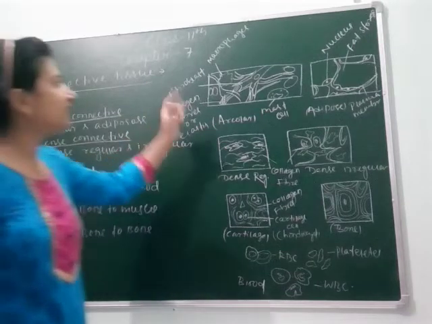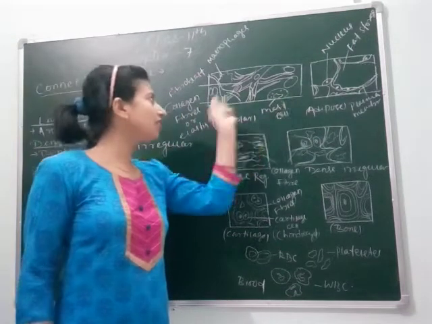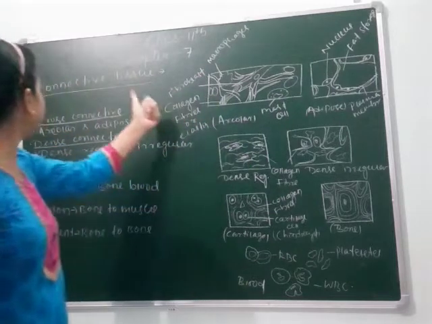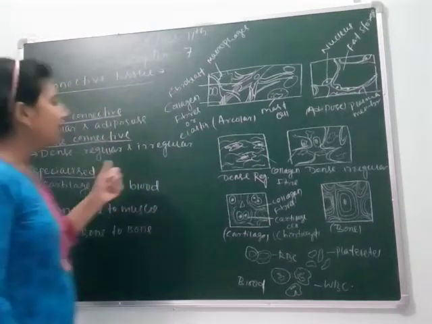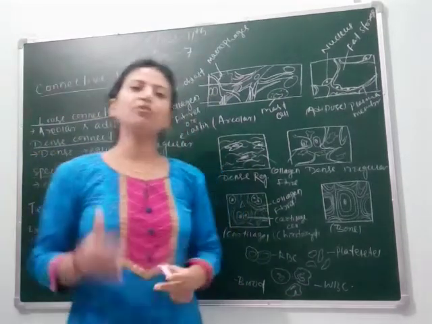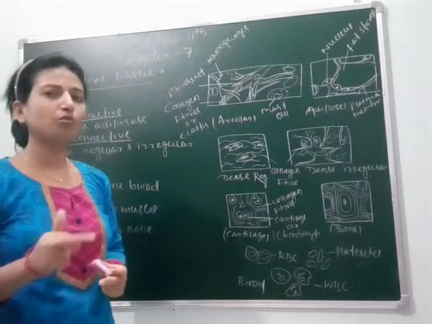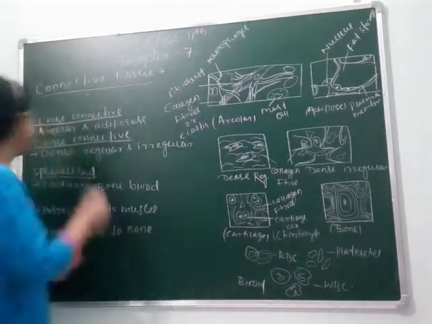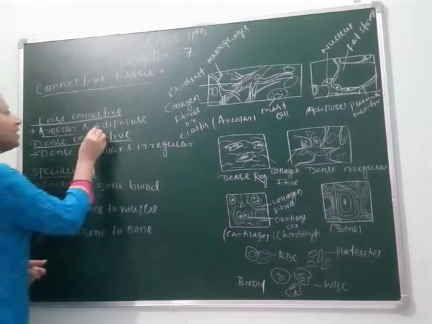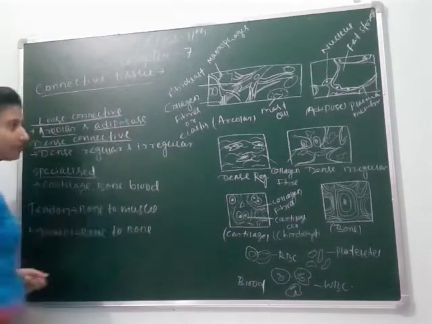You can see the diagrams. The above two diagrams represent the loose connective tissue. As I have told you, loose connective tissue is divided into two types. One is areolar and another is adipose.